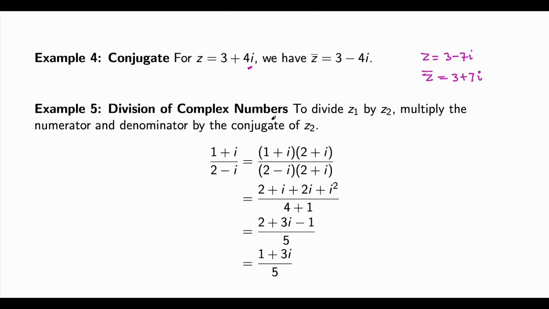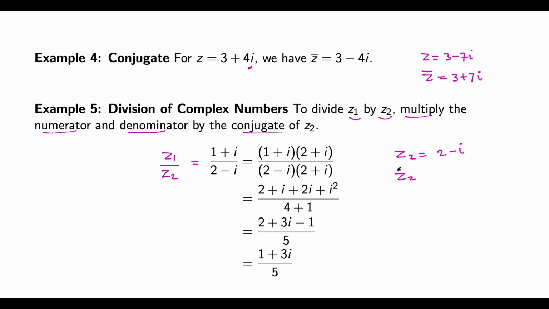And division of complex numbers. So let us take two numbers z1 and z2. I am going to divide z1 by z2, provided z2 is non-zero. Then what we have to do is multiply the numerator and denominator by the conjugate of z2, right? So z1 is this divided by z2, so the conjugate of z2 is 2 minus i.